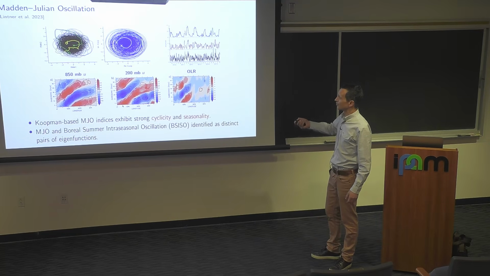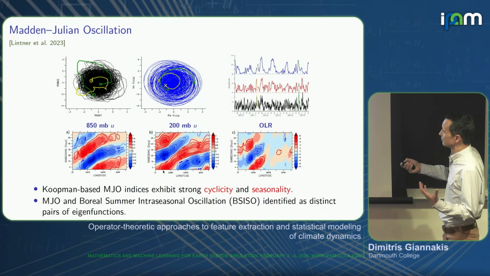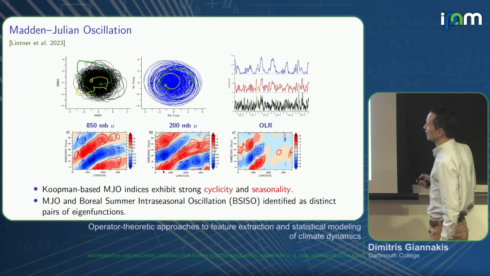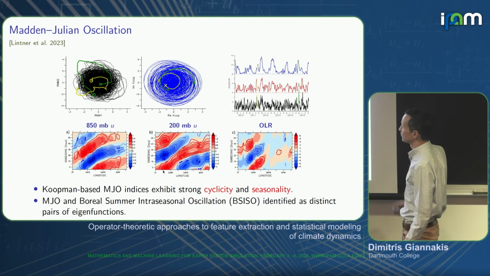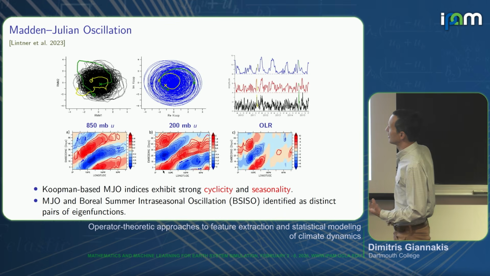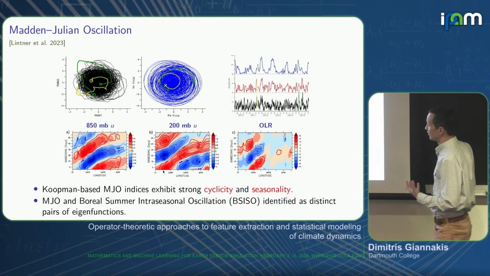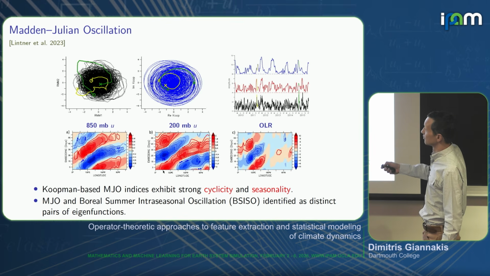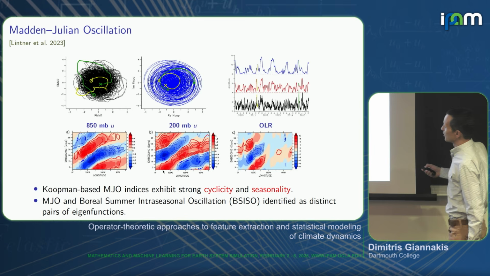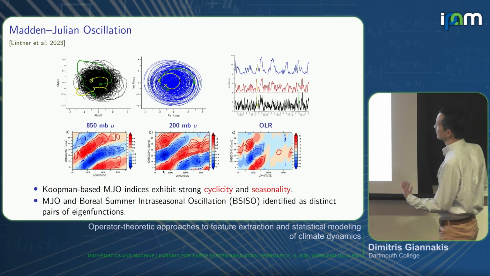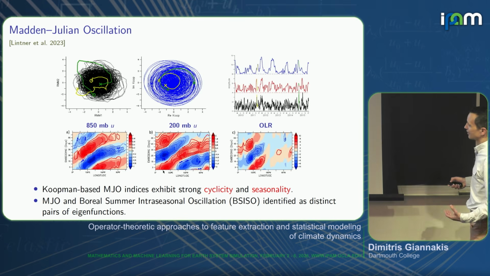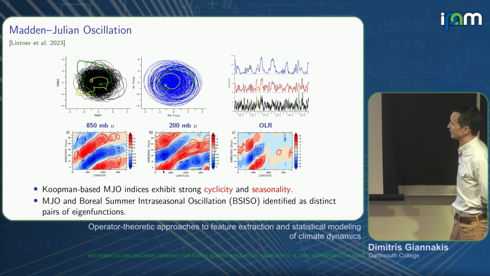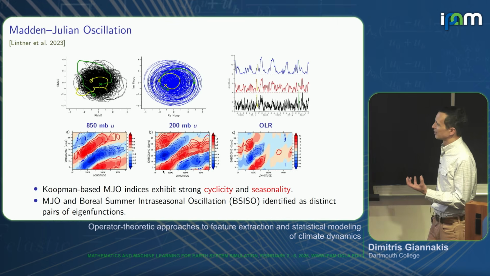This is the corresponding time series obtained from a Koopman eigendecomposition that uses the same atmospheric variables as used to define the more conventional RMM index for the MJO that is shown here. What I want to highlight is that you can get more cyclical, slowly decorrelating and potentially more predictable indices identifying climate phenomena.